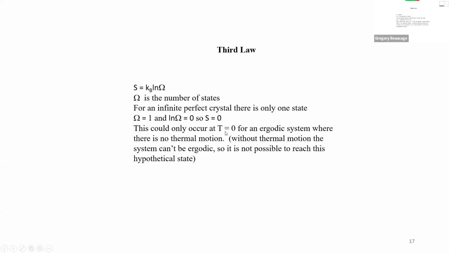And if you're at absolute 0, there's no thermal motion, so it can't be an ergodic system, so you can't reach absolute 0. This whole thing tells you that you can't actually get to S equals 0 because of this issue. You have to have thermal motion to be ergodic, and if you aren't ergodic, you can't use these expressions.